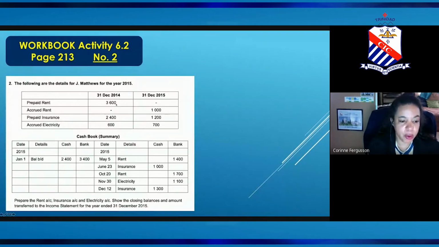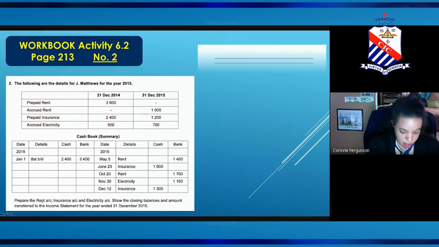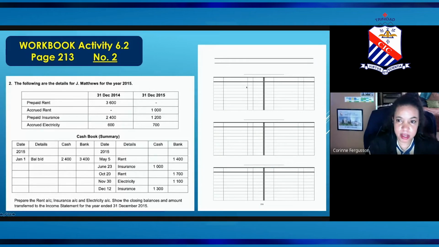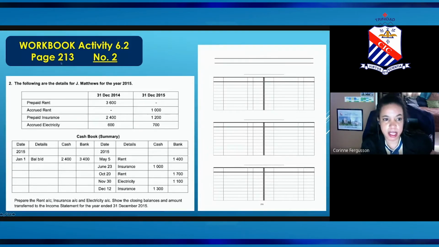So you have your columns, and you are required to do 3 accounts. It would be rent, insurance, and electricity. So you see page 215, not that it matters in terms of order, as long as you have the name of the business, and the name of the business is J. Matthews. Is everybody seeing? So you're going to start with J. Matthews. Don't worry about the double line. Just put J. Matthews. Name your 3 accounts.